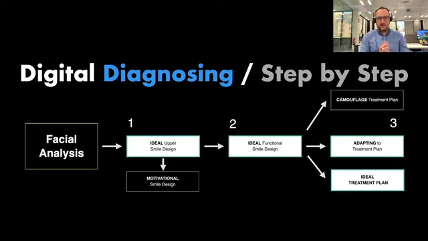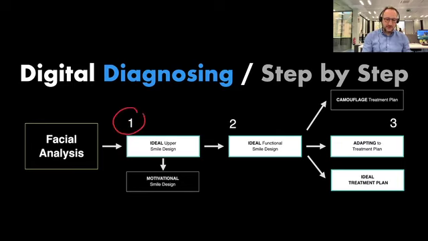We need to first do a facial analysis. We need to understand the face, and if we have margin to move back, to procline, to move forward any of the arches, okay? And by understanding these and understanding where the upper is, the upper ideal that we are seeing as stage number 1, okay?